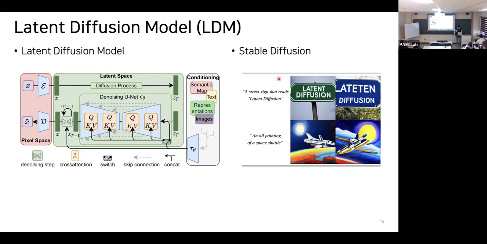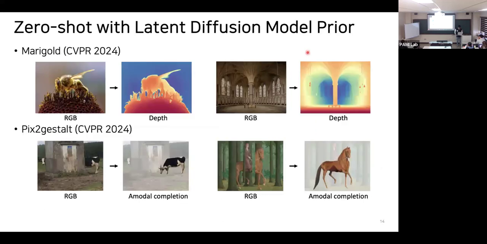Stable Diffusion is trained on a really huge dataset, so it has a really strong image prior for generating images in particular domains. This strong image prior can be leveraged for other regression tasks like these. There is a trend of using the LDM for other tasks by fine-tuning the latent diffusion model.